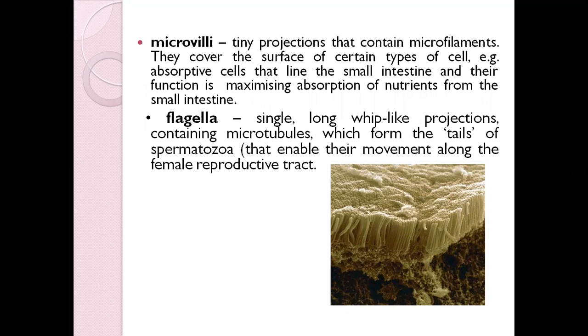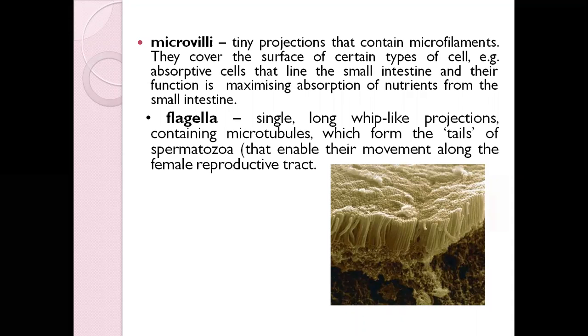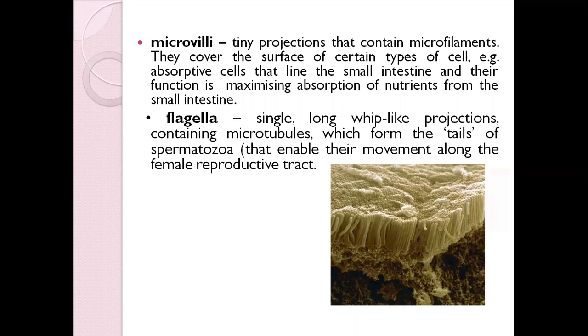The microvilli are mostly seen inside your intestine. These are tiny projections that contain microfilaments, and they cover the surface of certain types of cells, for example the absorptive cells that line the small intestine, and their function is to maximize the absorption of nutrients from the small intestine.